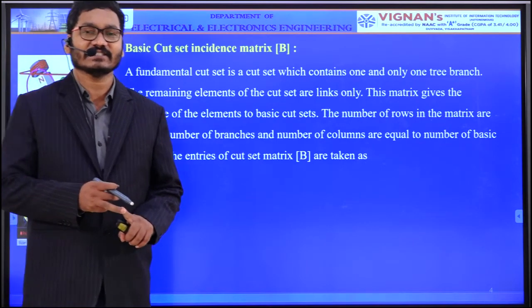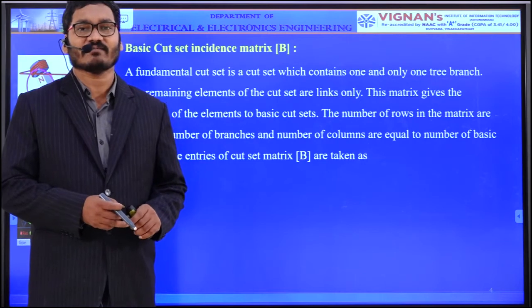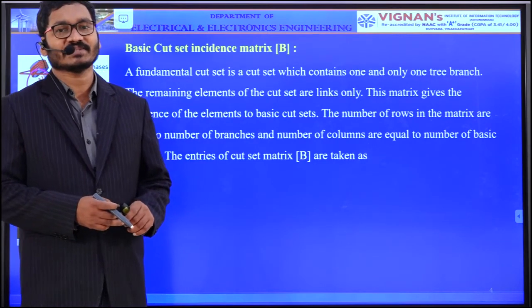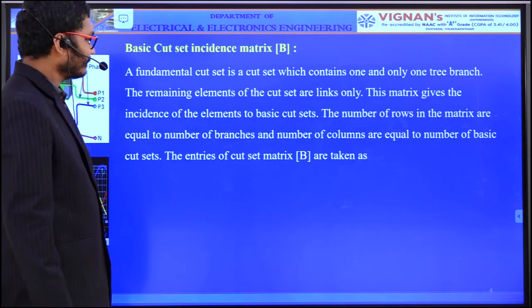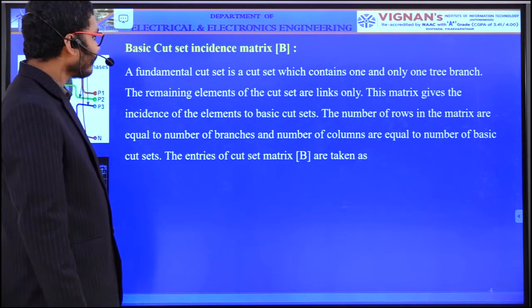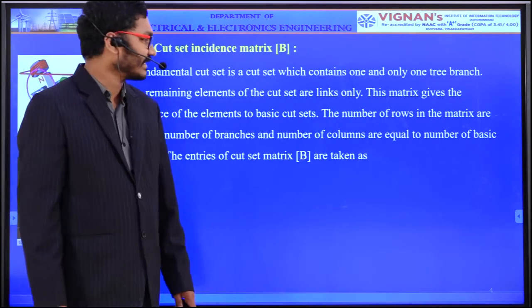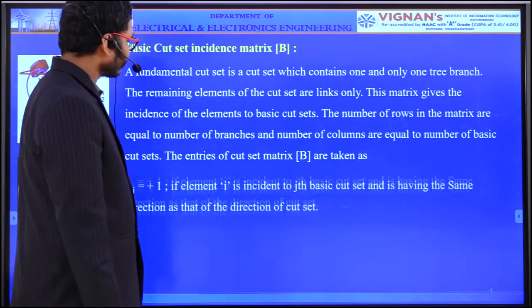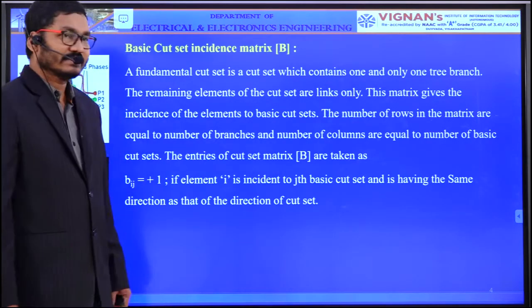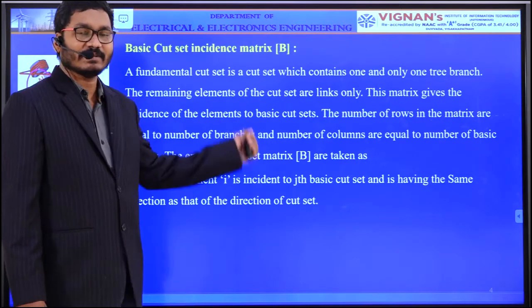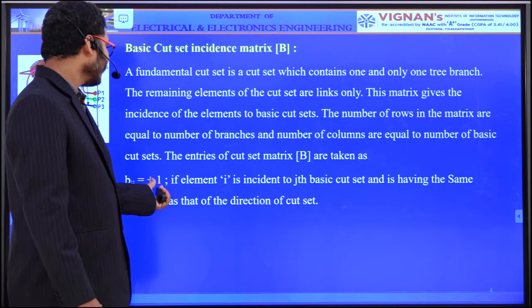For the basic cut set incident matrix, the rows are the number of branches and the columns are the number of basic cut sets, not the number of cut sets. Here Bij is the element of the cut set incident matrix. How do we find these elements?